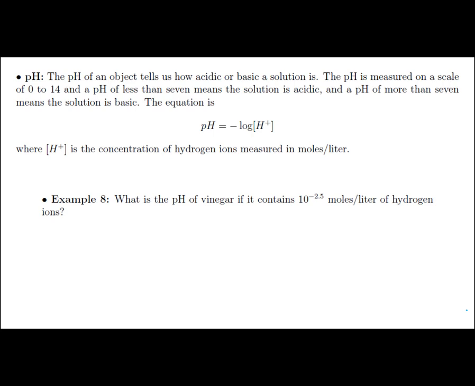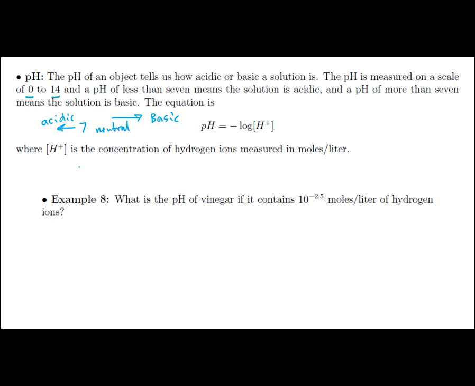It's measured from 0 to 14, and right in the middle is 7. So 7 is considered neutral. Anything less than 7 is acidic, and anything more than 7 is what we would refer to as basic.